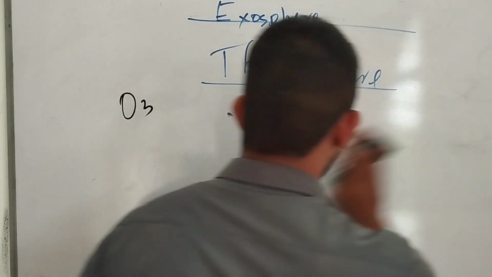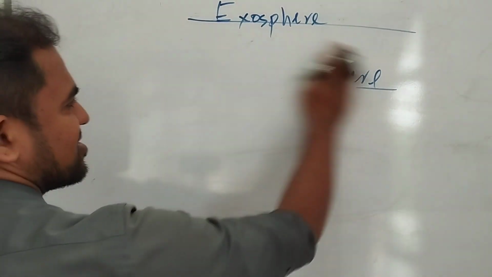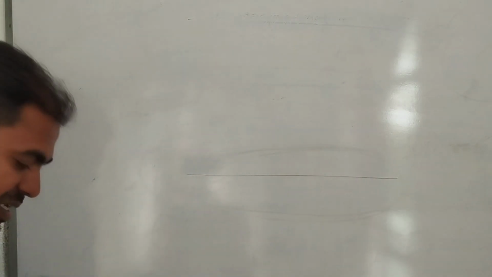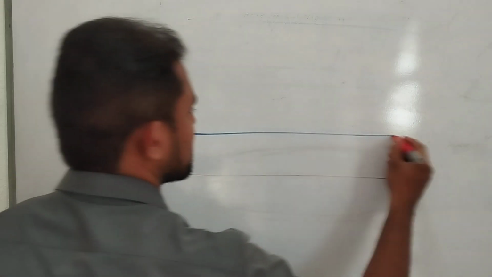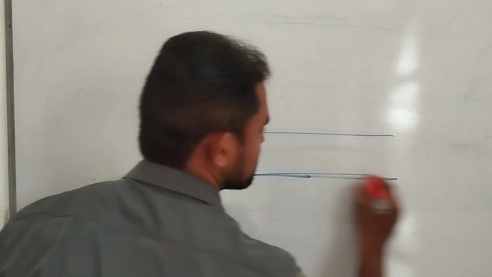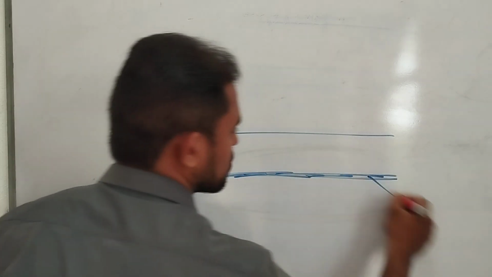UV radiation or UV light is harmful to humans. So let's assume this is the stratosphere. In the stratosphere we have the ozone layer.